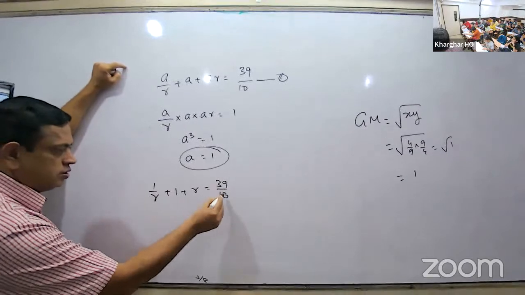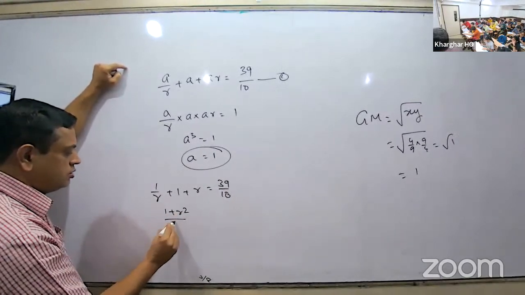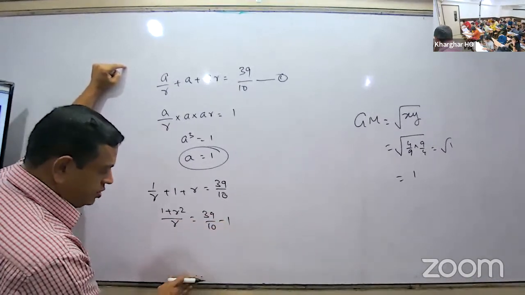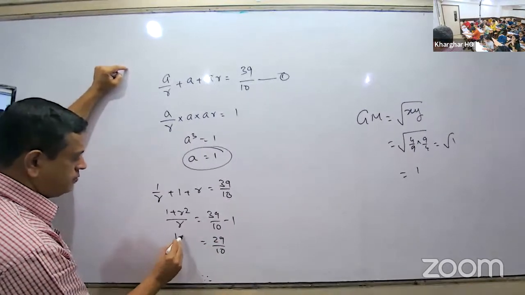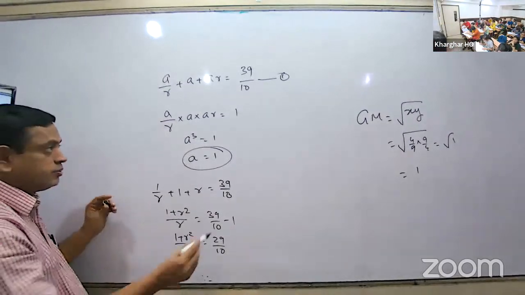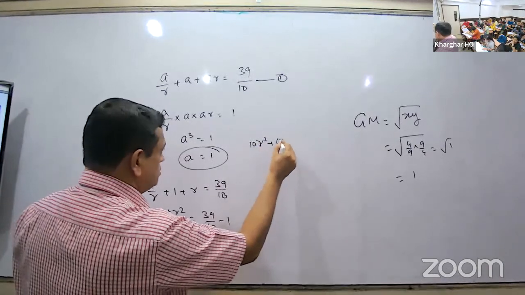You can shift that, that is 1 plus R square divided by R is equal to 39 by 10 minus 1. Okay, cross multiply. That is 10 R square plus 10.